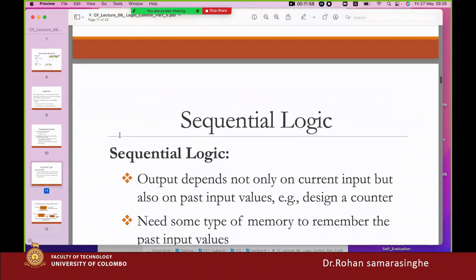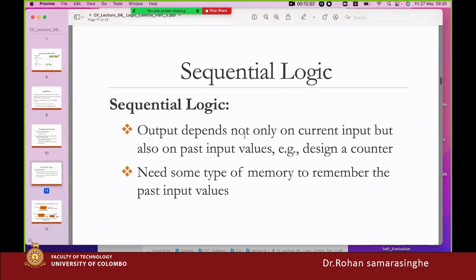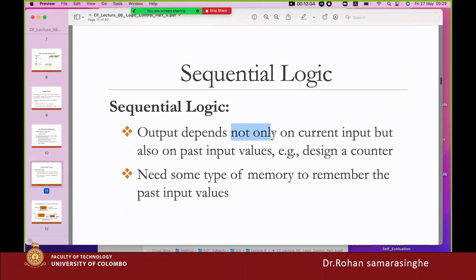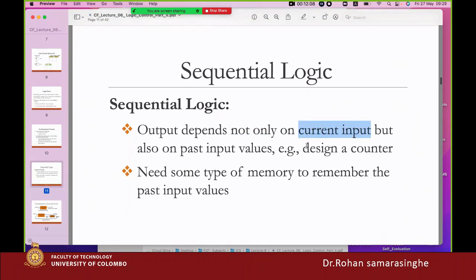In a sequential logic circuit, the output depends not only on the current input, but also on past input values.